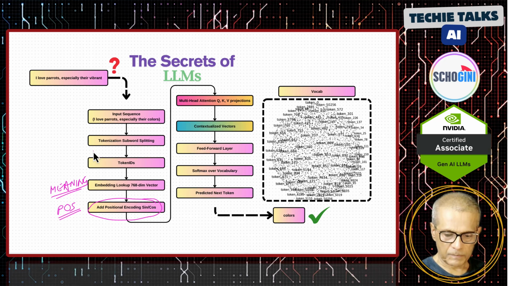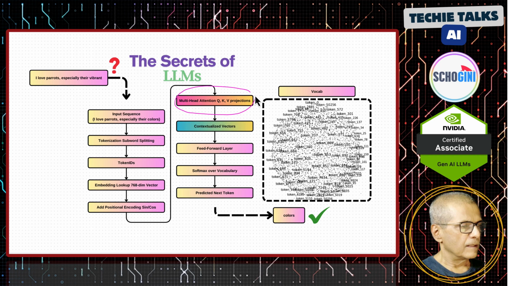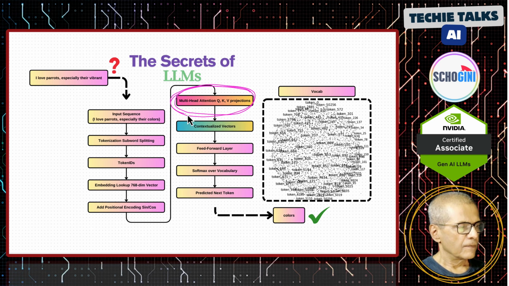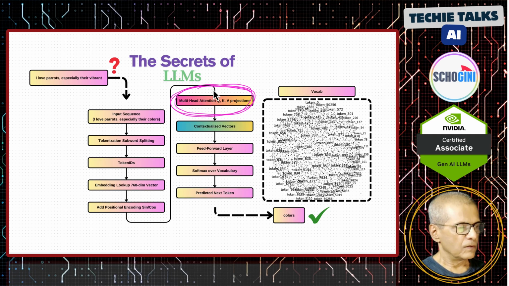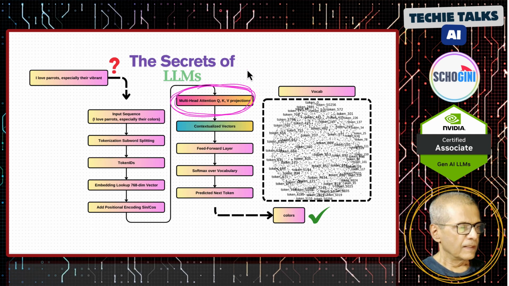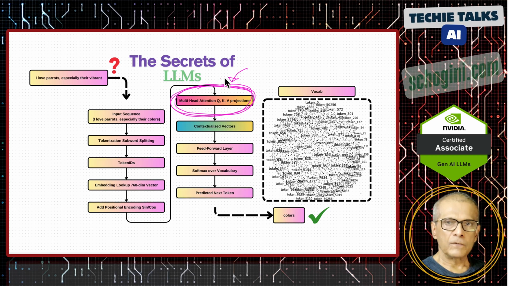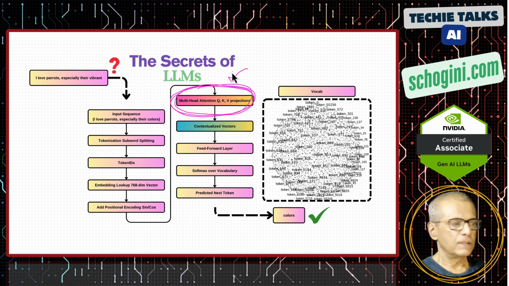So now what happens? After this, a fairly complex sequence of operations which we will address in detail in the next video. But know that here we are going to add contextual meaning to our tokens.